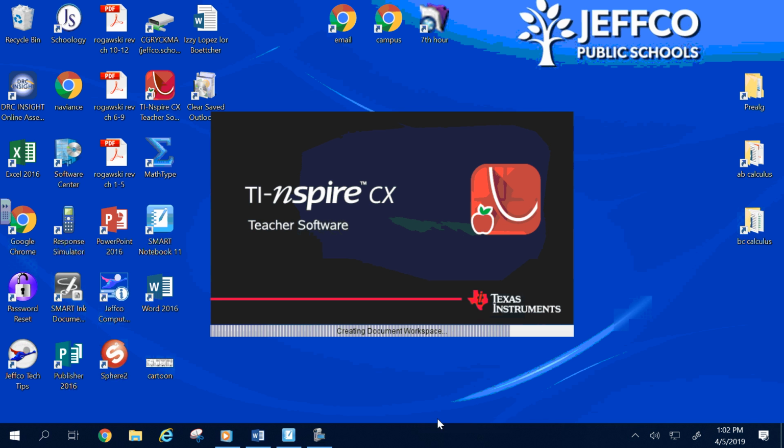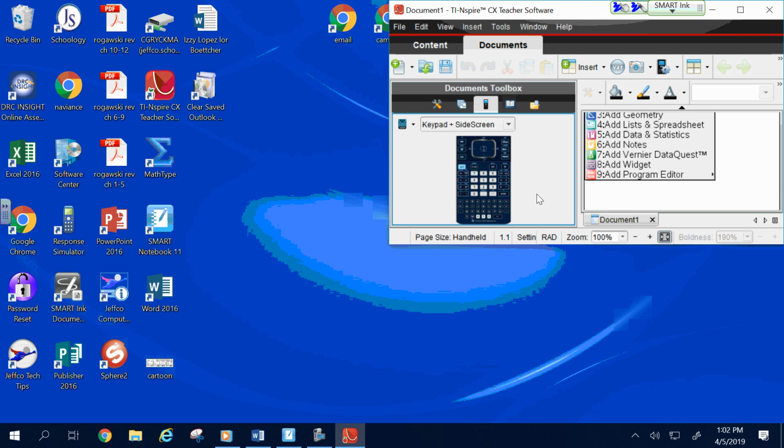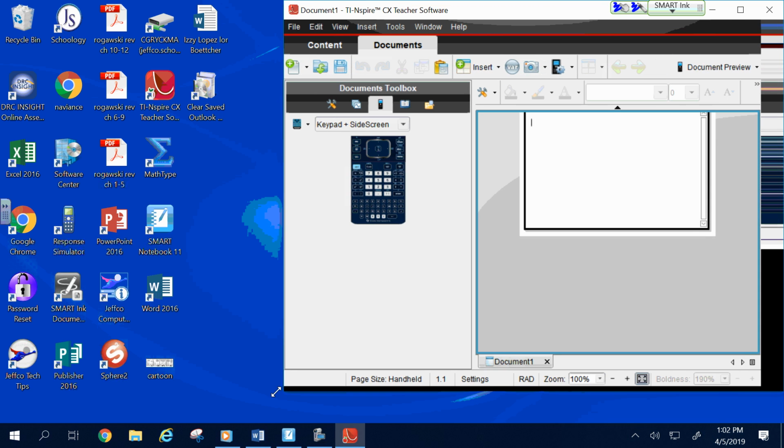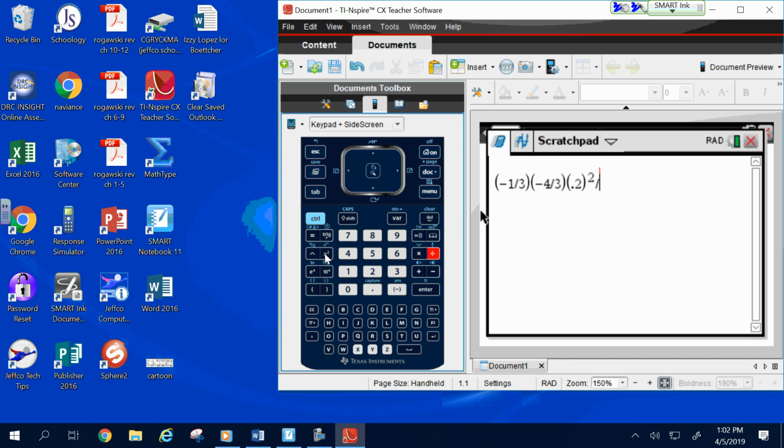We'll start. I think I'd probably start with the third term. The second term is pretty obvious. Okay, so the third term I believe is negative 1/3, negative 4/3, 0.2 to the second over 2 factorial.